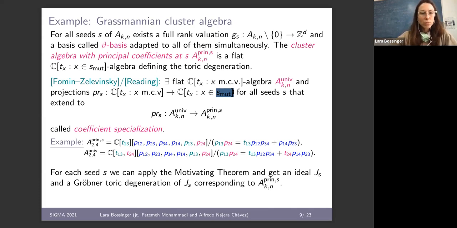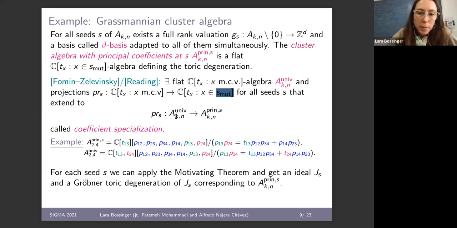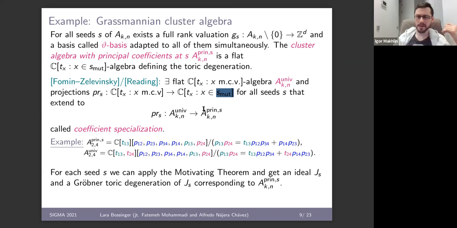Thank you. Sorry, and this specialization map from the universal to the principal. So what you always do is you replace each t with a rational function in t's, or can it also depend on the x's? So I mean, these algebras, yes, they are both contained in this field of rational functions in the x's.